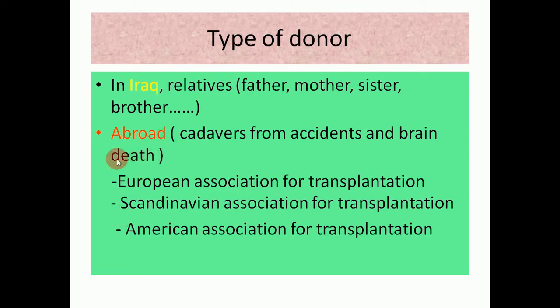Types of donor. In Iraq, the donors are relatives, either father, mother, sister, or brother, while abroad they are from cadavers, from car accidents or any accidents, and patients with brain death. And there is a European Association for Transplantation, which includes all countries in Europe.